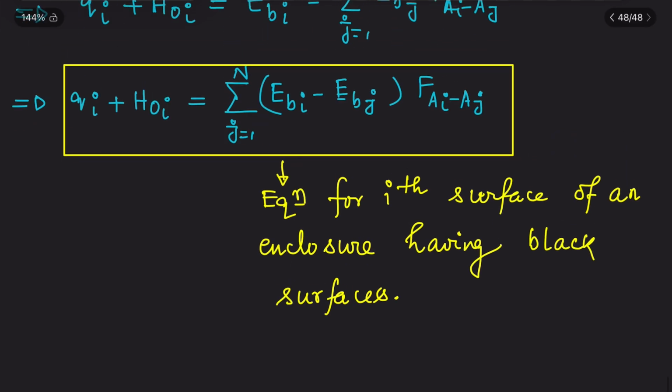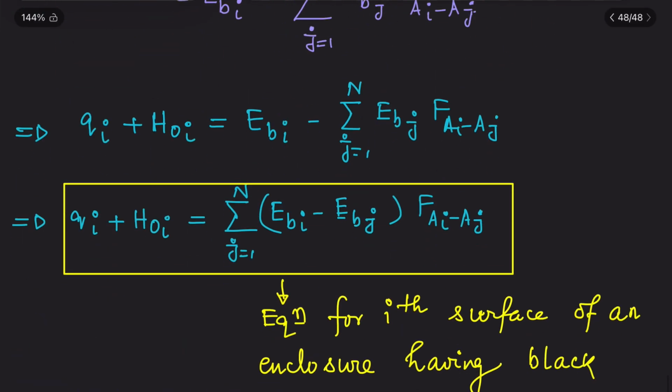Okay, so now in the next lecture, I will solve some mathematical problems and I will show you how to apply these equations to find Q and EB. After that, we will learn the thermal network. But now I will give you a homework.